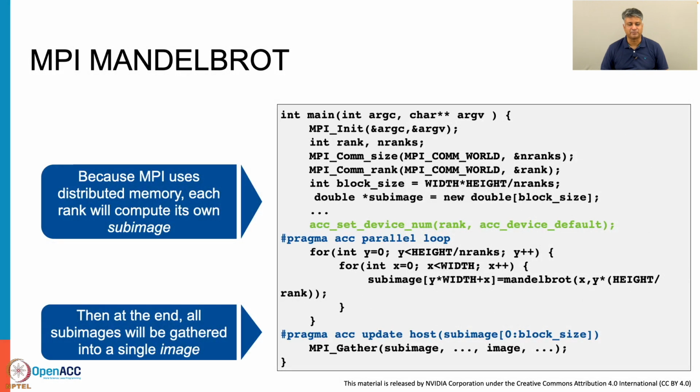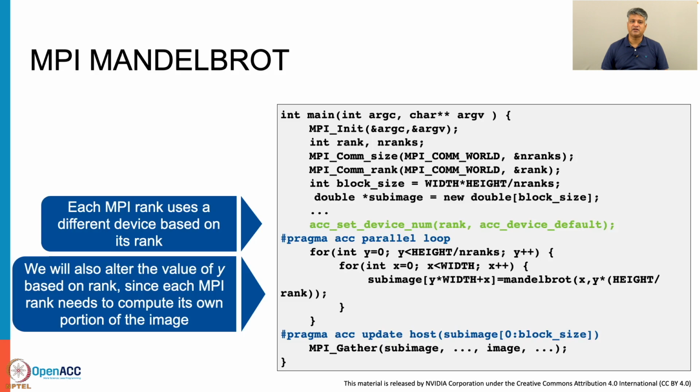Now, if you want to break up the Mandelbrot program using MPI, we will have to initialize MPI, and because it uses distributed memory, each rank will now compute only its subimage. You have to explicitly transfer that data, and then at the end, you have to gather all the subimages and put it back together using the MPI gather function.